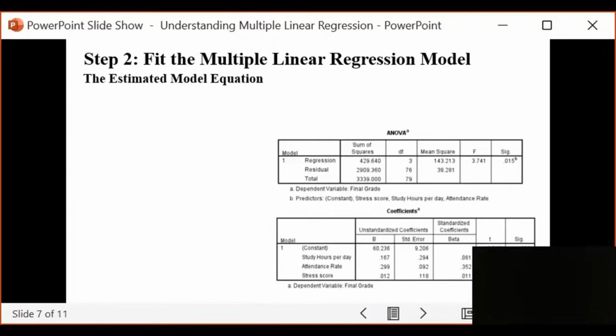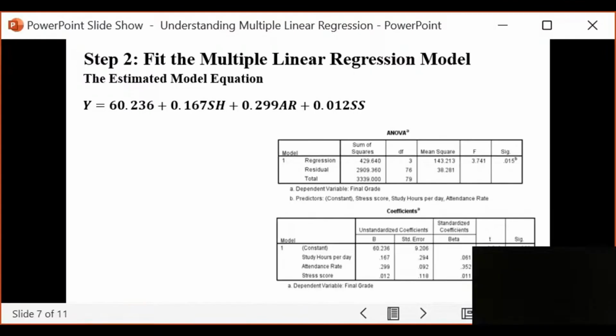So as you can see on the right side of the slide, we have here the SPSS output. Okay. So one is the ANOVA value and the other one is the summary of coefficients. Okay, let's analyze them one by one.